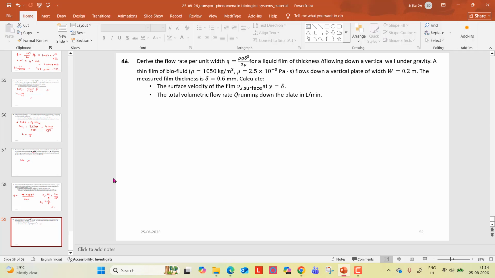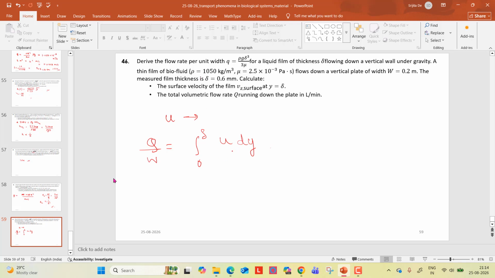So from here, you integrate this U over its area. The expression of U you know already. Now for Q, you need to integrate it from 0 to delta, U into dy. Q by W you have to calculate, because it is the flow rate per unit width.